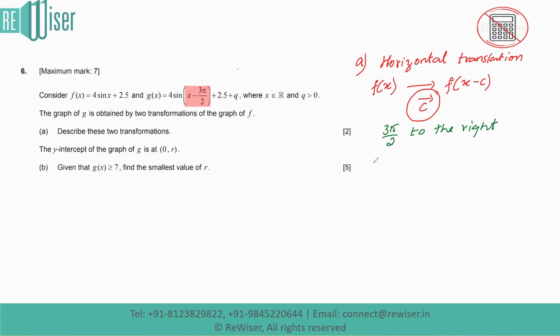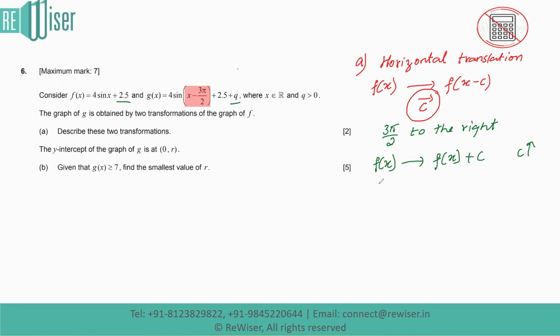The second one: whenever we have a function f of x changed to f of x plus c, the graph moves c units up. When we compare, we just have positive 2.5, but q is added.